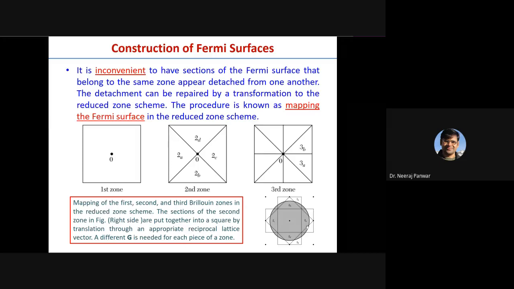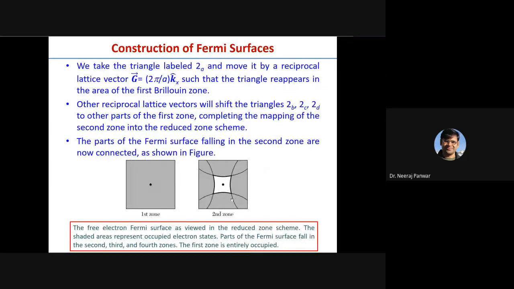Similarly, this is the portion of the Fermi circle that lies in the second Brillouin zone. These portions, with the help of a suitable reciprocal lattice vector, can be transferred to the first Brillouin zone.